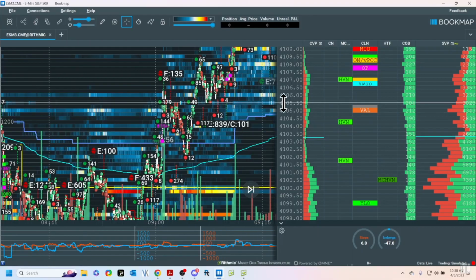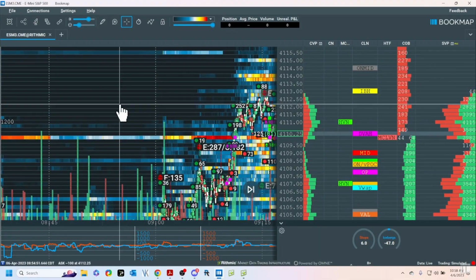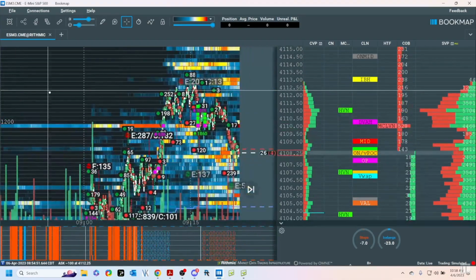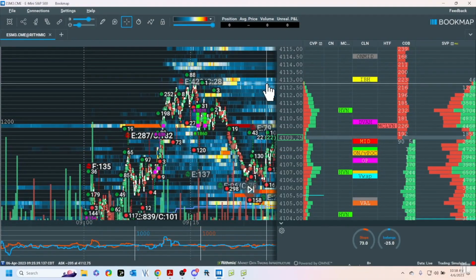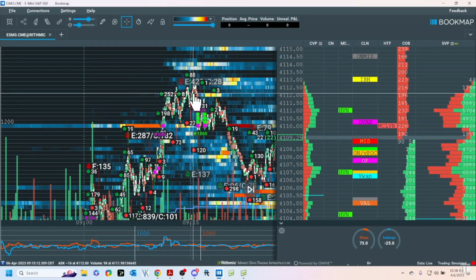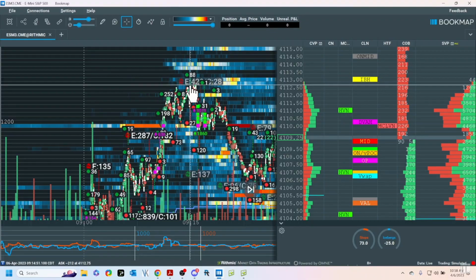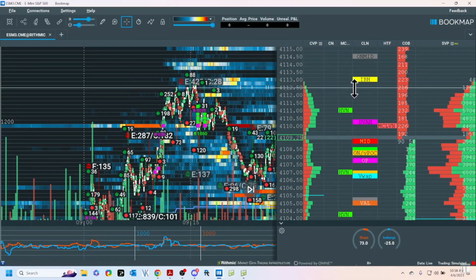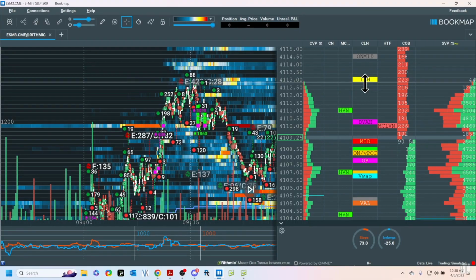So let's go take a look. So now everything changes. Now at 9:30, we have the IB, and we have the IB high. Either the IB high or IB low getting taken out is almost 98% probability.